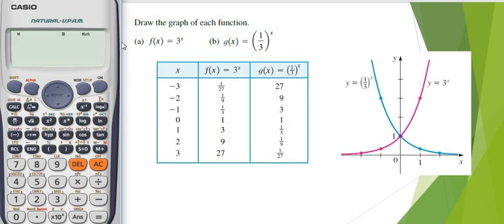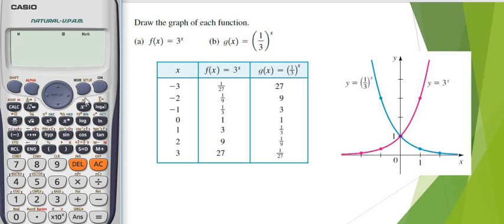And by the way, guys, we already have the corresponding values for these different functions from -3 to +3. Now anyway, to make our life easier, I will show you how to create this table using your calculator. If your calculator has a table function, then you can easily create this table here.